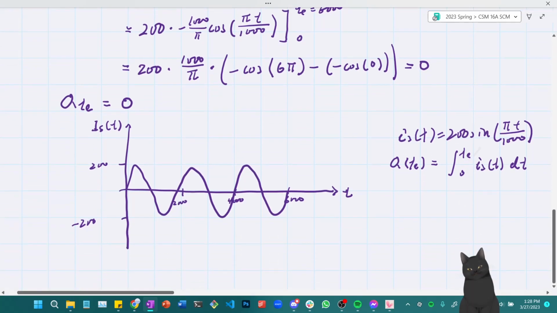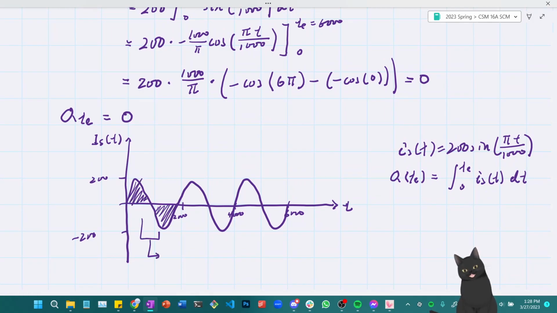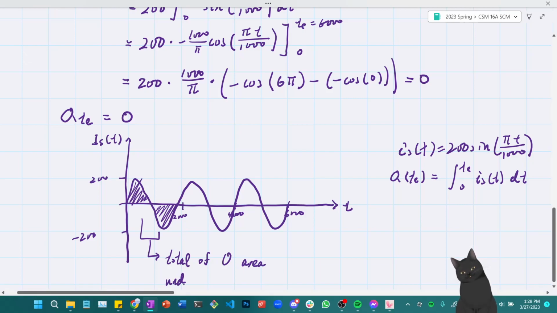And let's try to look at what the area under the curve for the current function is. You see that this part of the curve and this part of the curve have a total of 0 area under the curve because they cancel out.